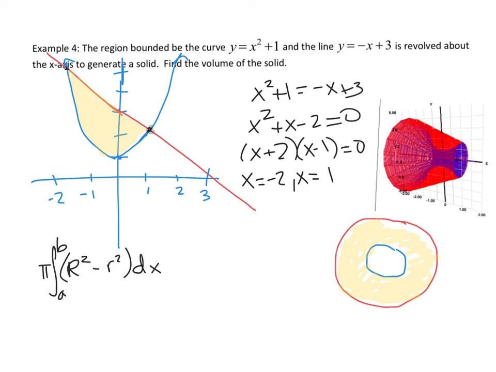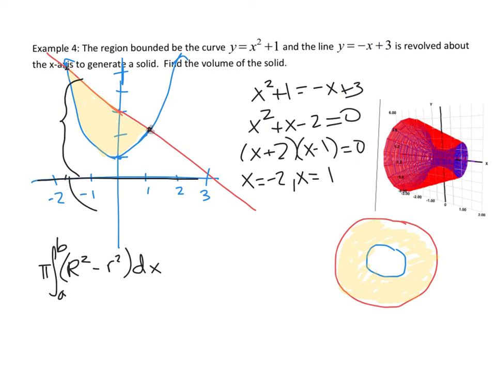So my big R squared is this, by the way, the x-axis is the axis of rotation. So my big R is going to be the distance from the outer radius, which is this line, to the x-axis. Thankfully, in this one, we're only rotating around the x-axis, so it's just going to be 0 below, but that doesn't always happen.